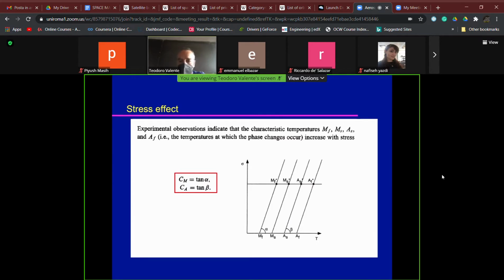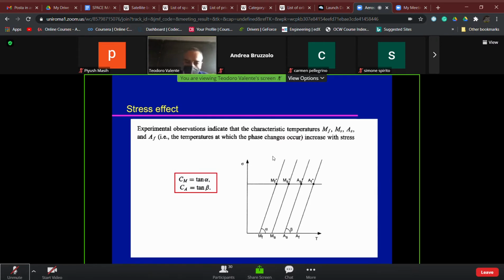And we saw that there is essentially a linear variation for all the four temperatures, which allows us to define, according to the angles alpha and beta, the slopes, which are written as Cm for the martensites and Ca for the austenites. So we do have a linear variation of the critical temperature by increasing the stress.